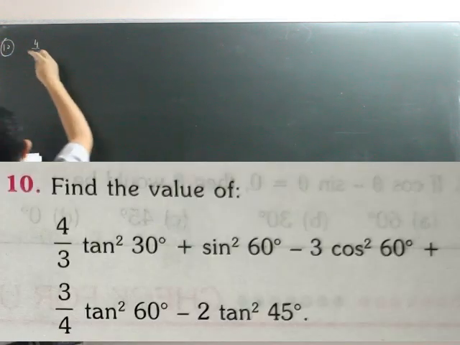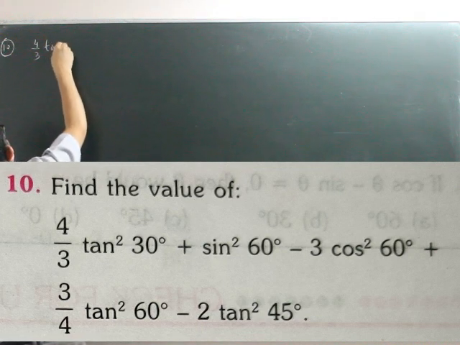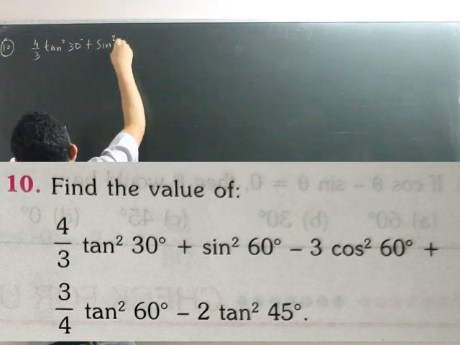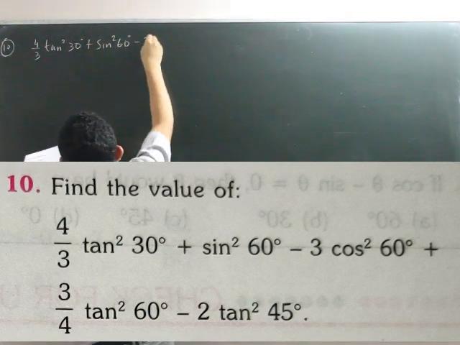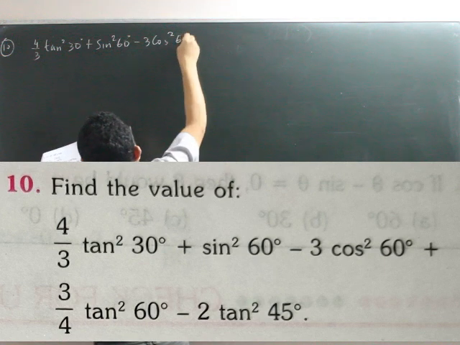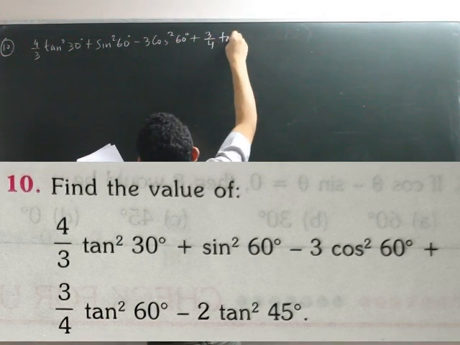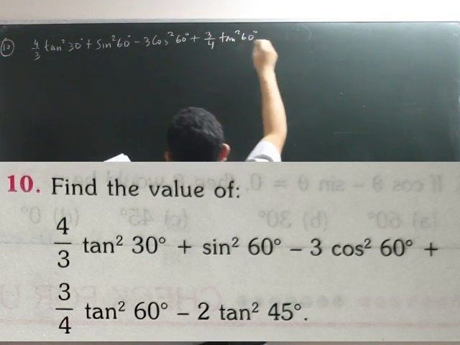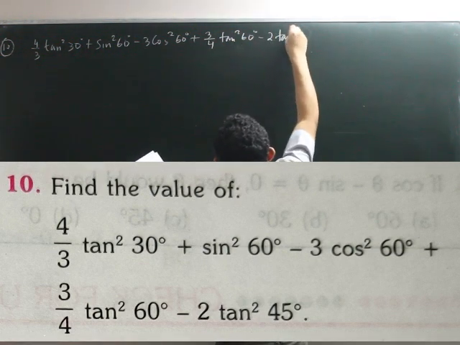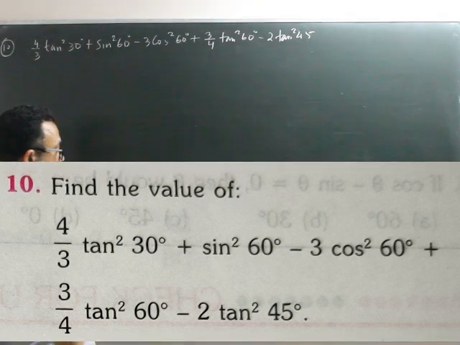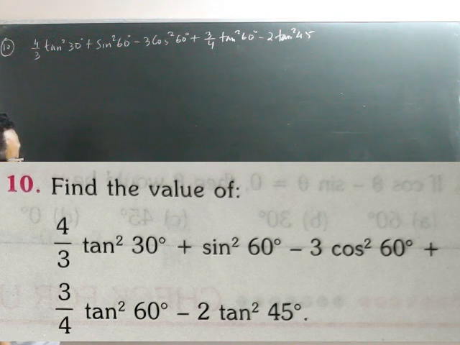It is 4 by 3 tan square 30 plus sin square 60 minus 3 cos square 60 plus 3 by 4 tan square 60 minus 2 tan square 45. Okay, find the value of this.